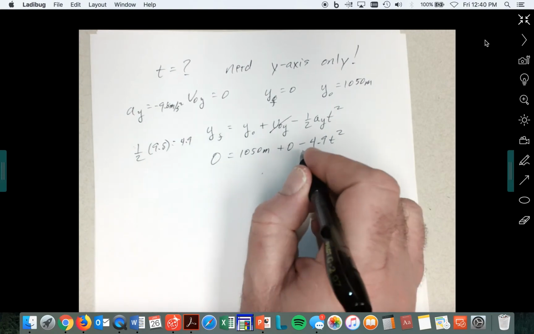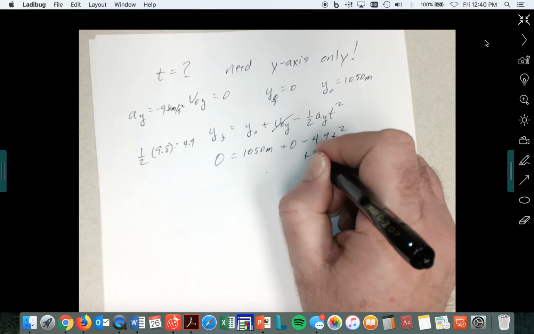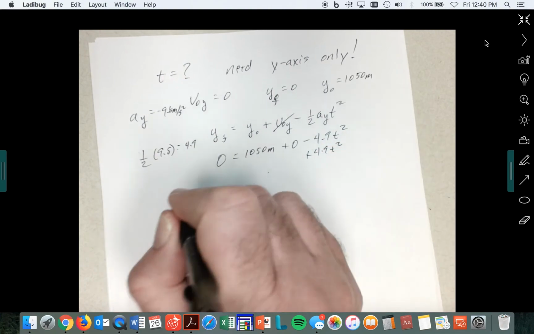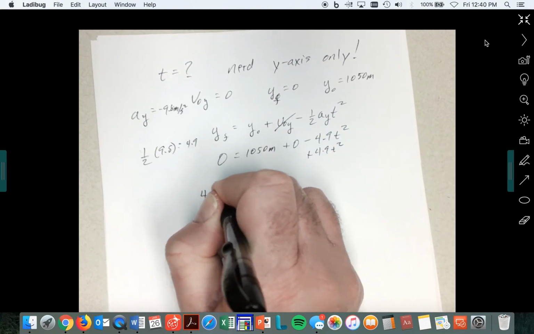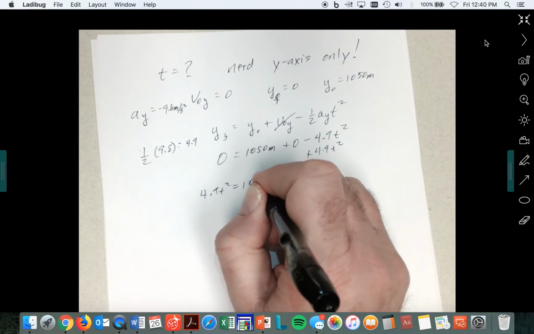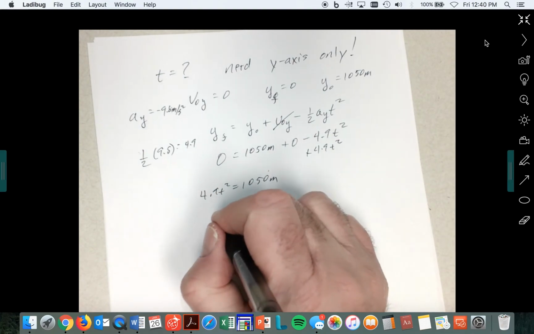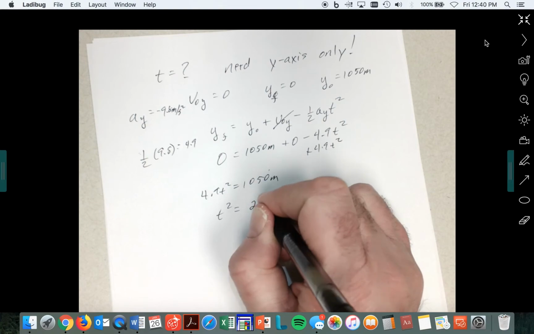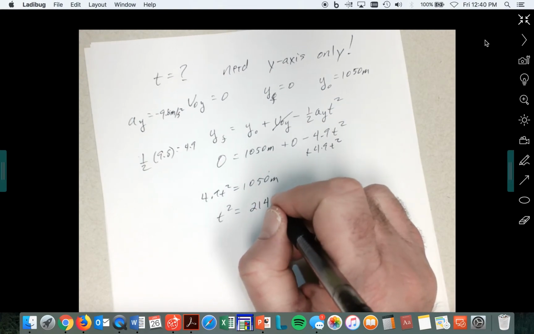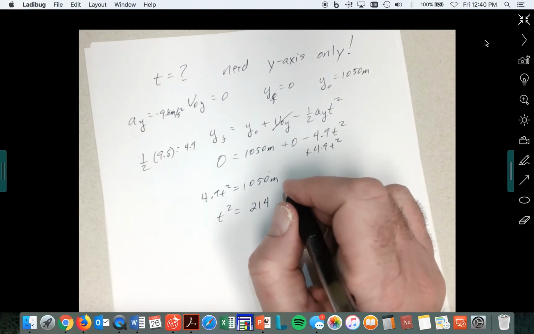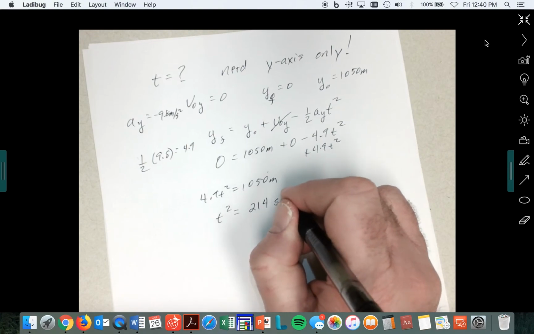Look. So add 4.9 t squared to both sides: 4.9 t squared is equal to 1,050 meters. Divide both sides by 4.9. T squared is equal to 214 seconds squared.